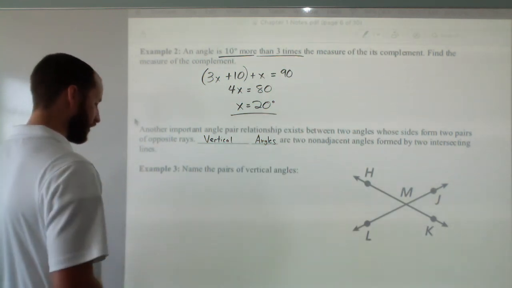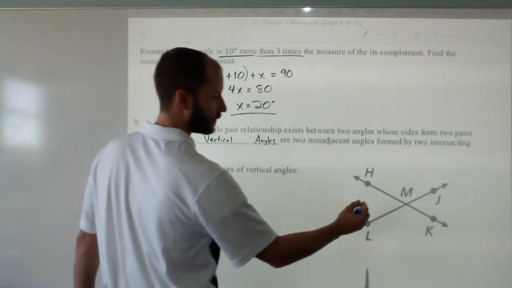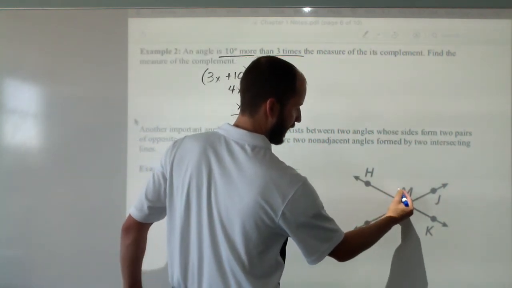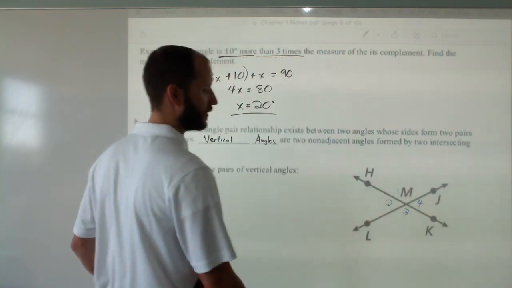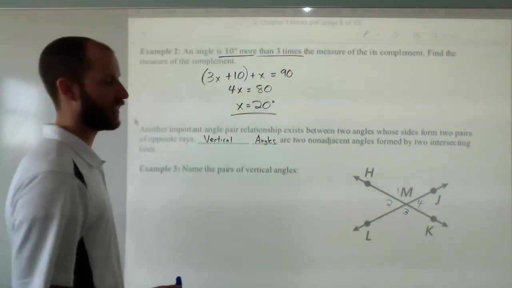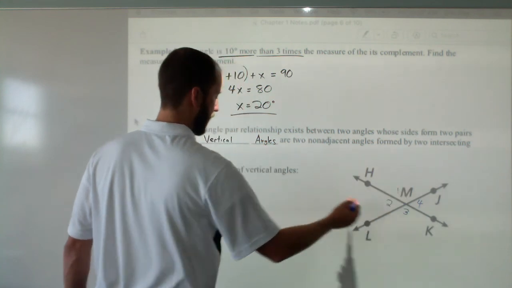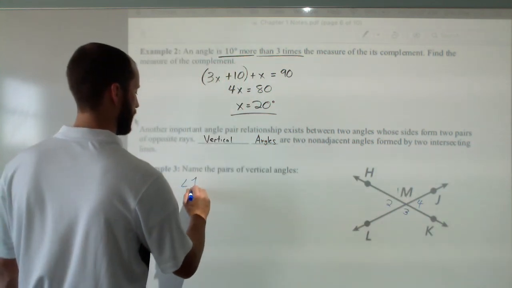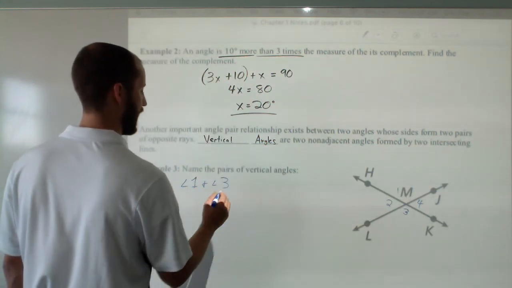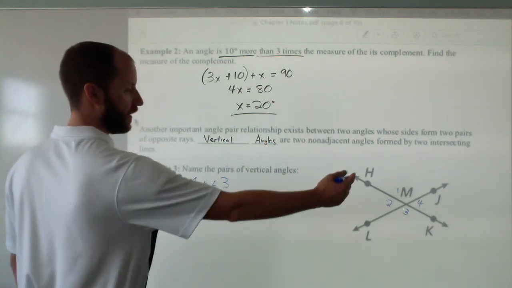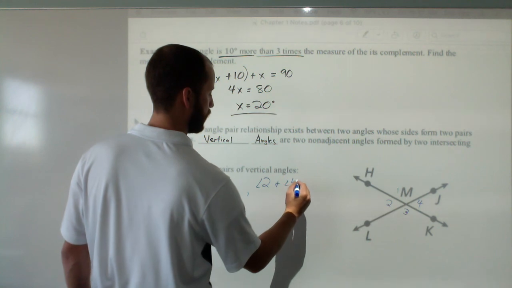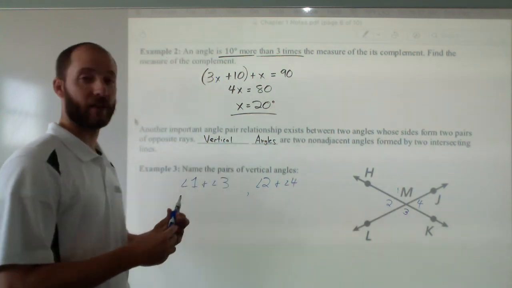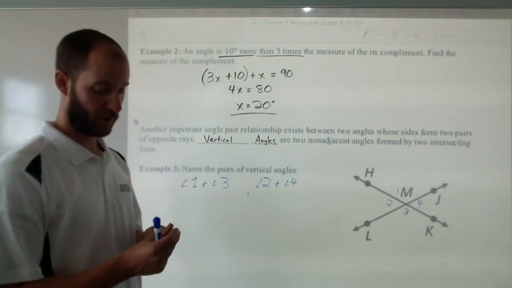One of the ways that I usually break this down is I look at top, bottom, left and right. So they're on opposite sides of the intersection from each other. So top and bottom, that would be a pair of vertical angles. Angle 1 and 3, and then left and right, angles 2 and 4, that would be another pair of vertical angles.